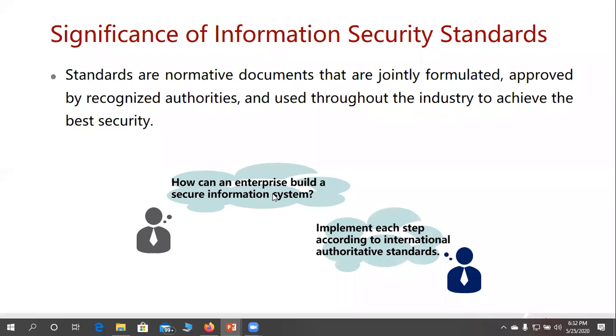So the standards do teach organizations a lot. Of course, how can an enterprise build a secure information system? Implementing each step according to international authoritative standards.